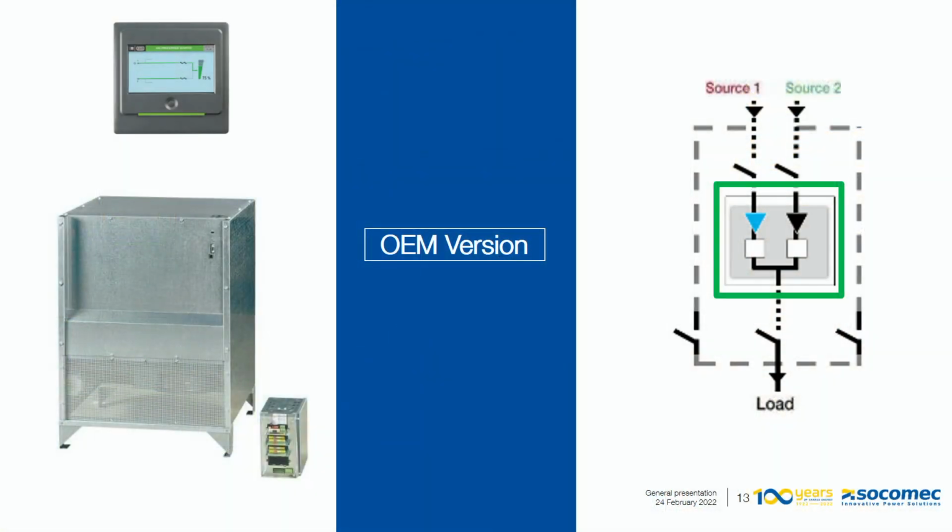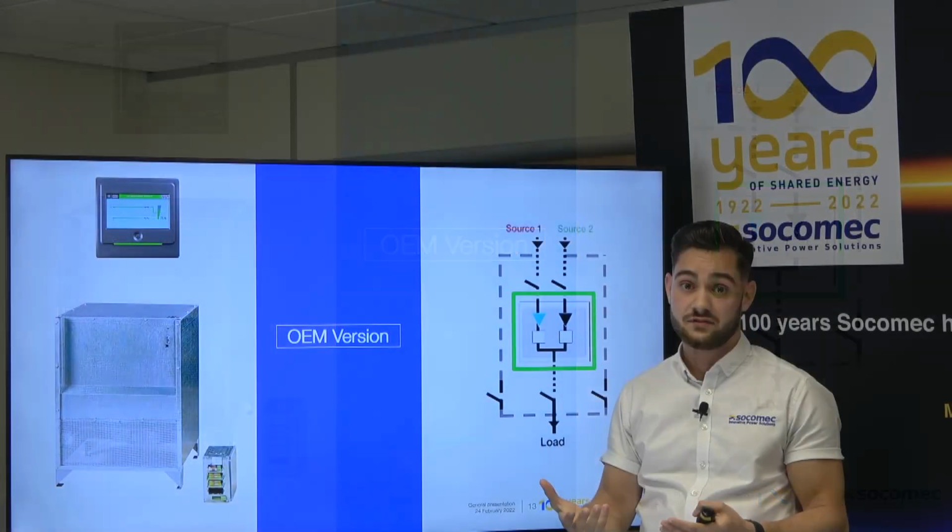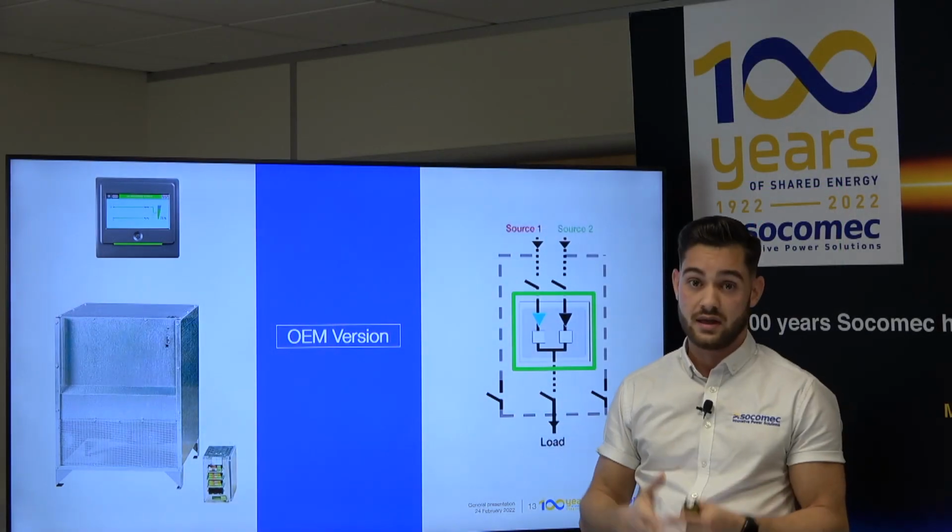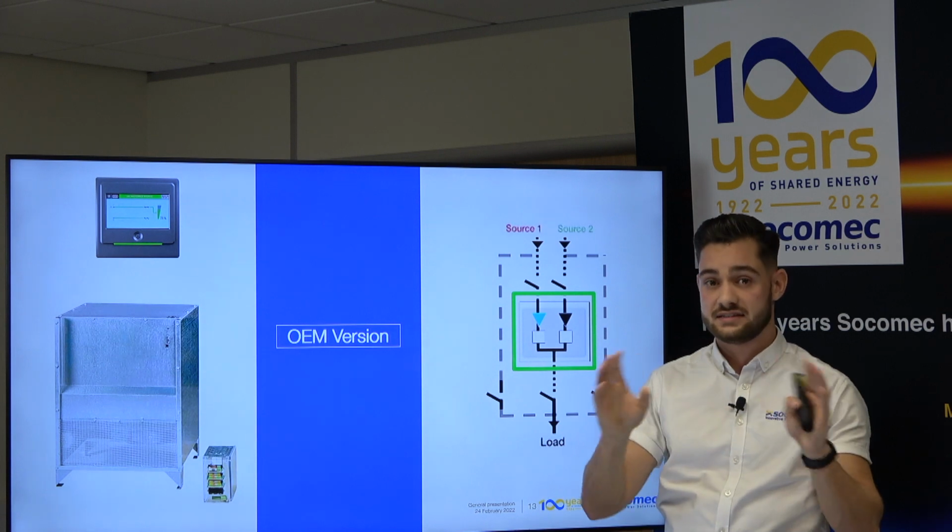This device is the highlighted green bit on this diagram. Basically, it's purely the STS device with all the components that it needs to do the job for switching, monitoring, and everything around this. All the switchgear around this device is to be provided by the panel manufacturer, and they would incorporate this into the panel.